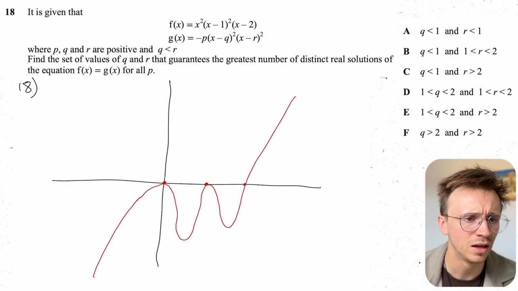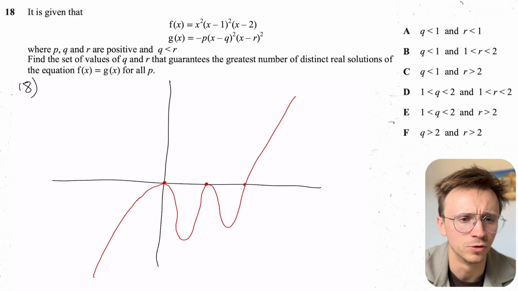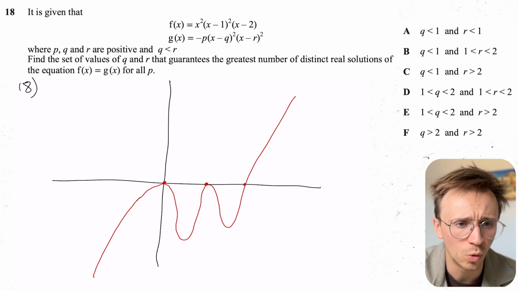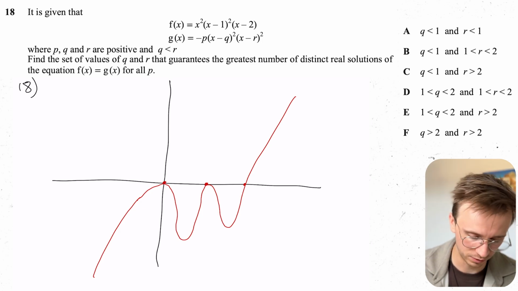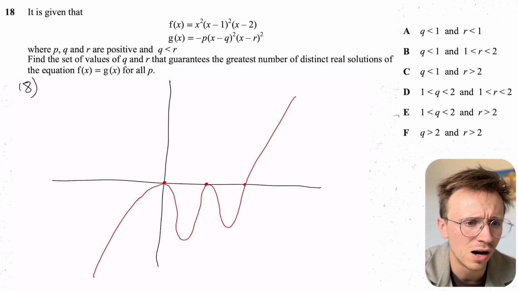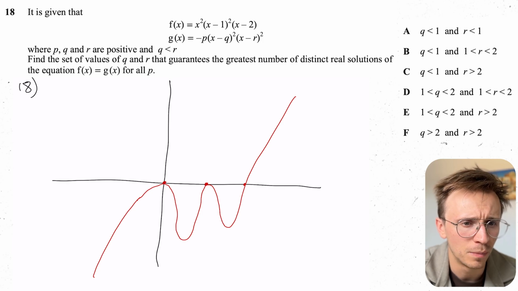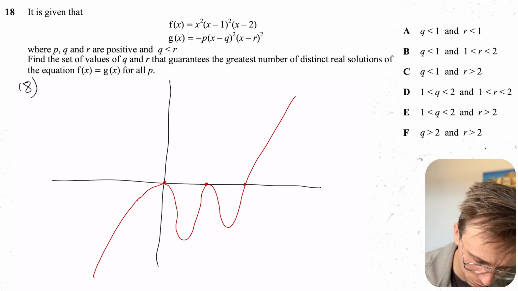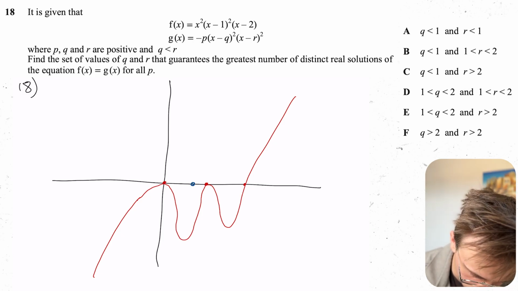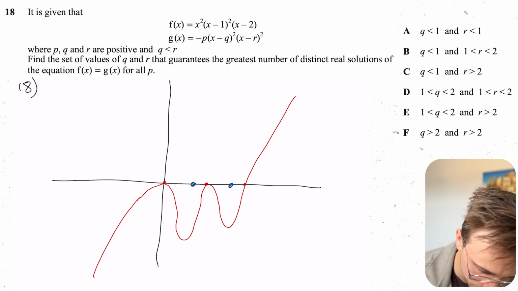Cool, so that's that. And g of x, so this is a quartic, but it is a negative quartic, so it's starting off in a similar manner. And q and r are positive, so it's got roots on q and r, which I do not know. So q could be there and r could be there.